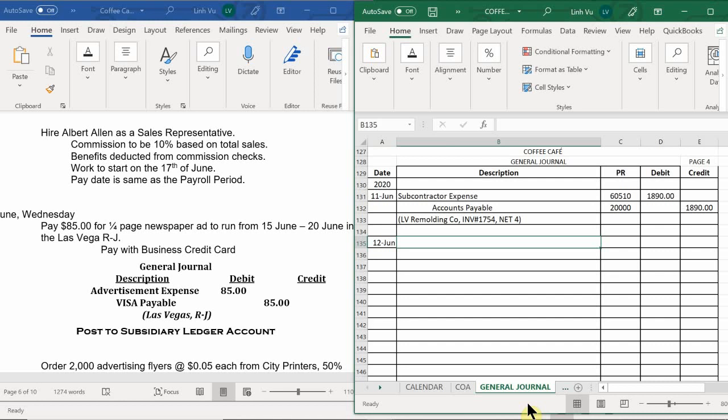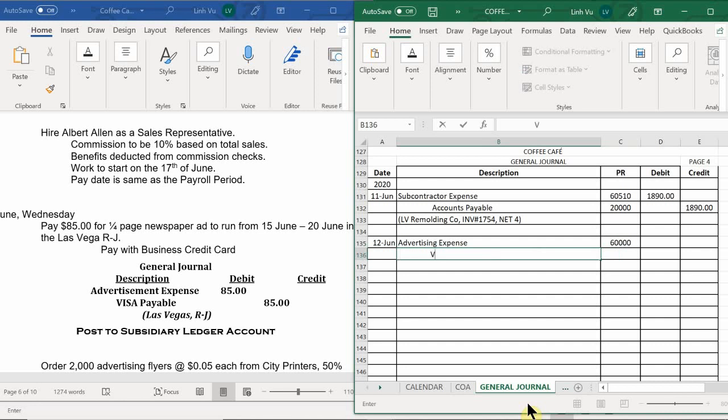So in this case, I bought a newspaper ad. What do you call that? That's advertisement. Advertising expense. Good. Advertising expense.